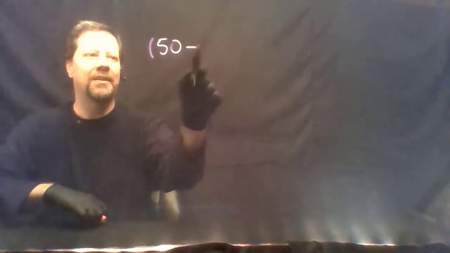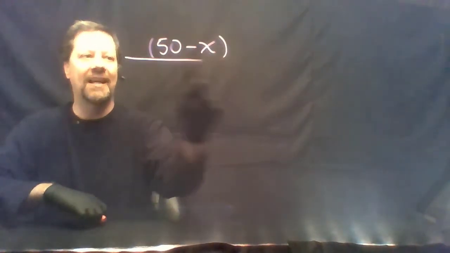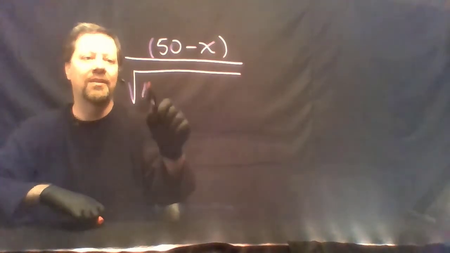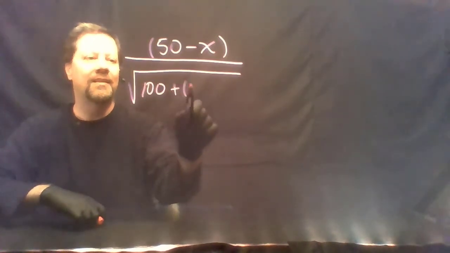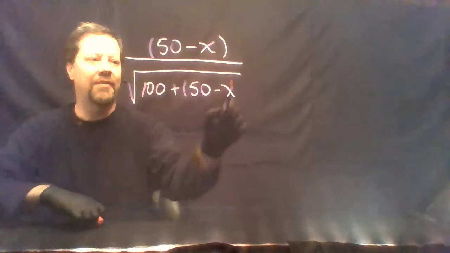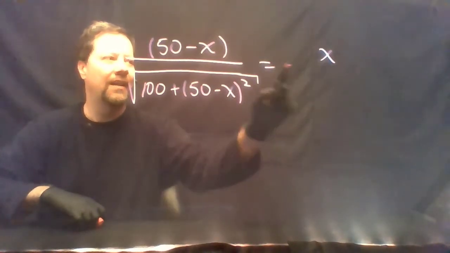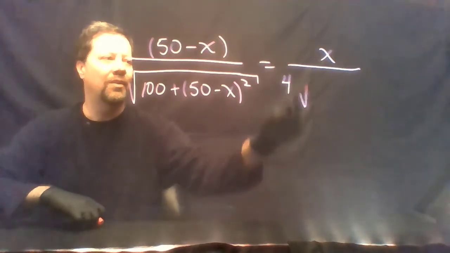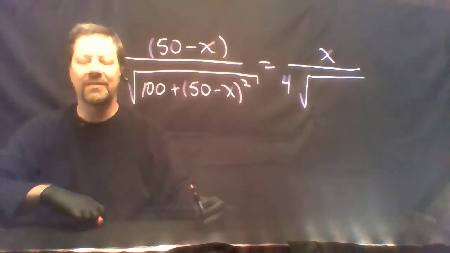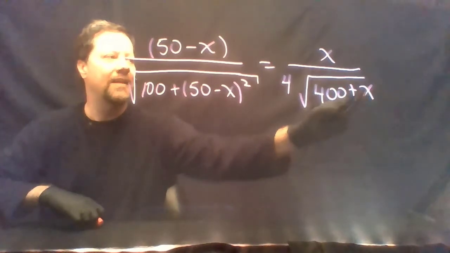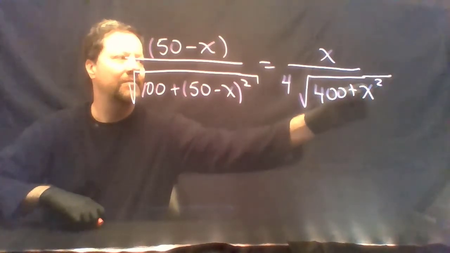Rearranging the equation, we get 50 minus x over the square root of 100 plus 50 minus x quantity squared equals x over 4 times the square root of 400 plus x squared.